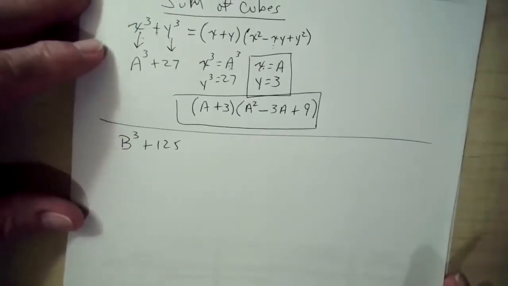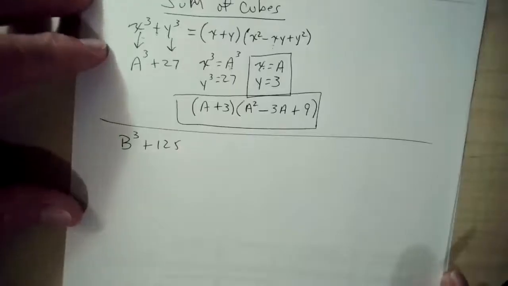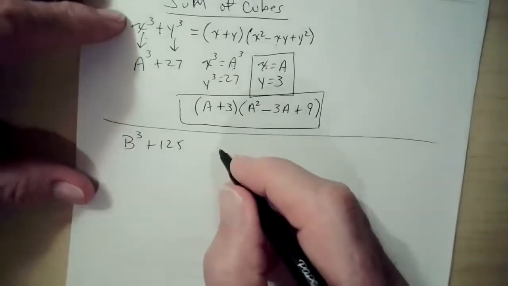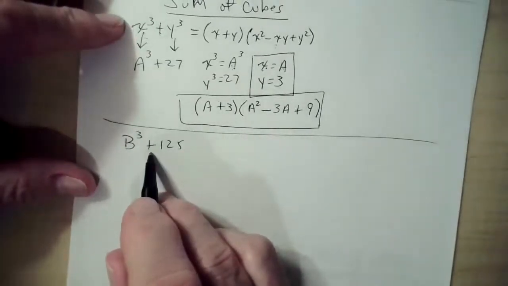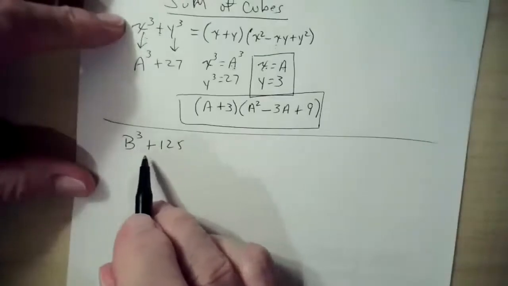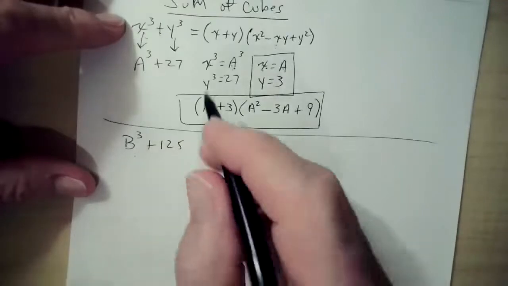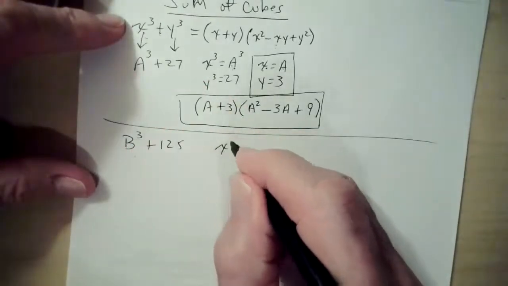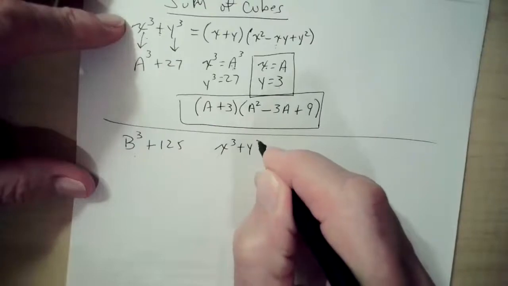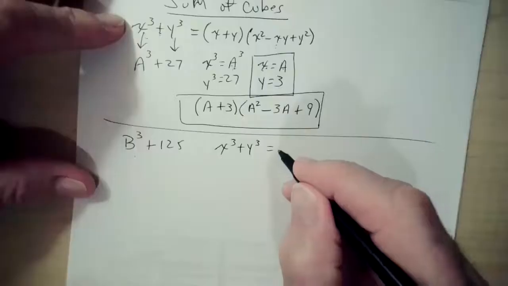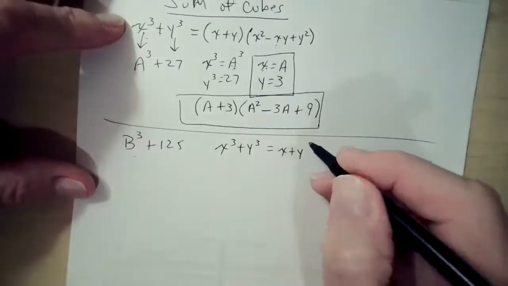Whose turn is it? Miss Cedillo? Yes. Okay, this is the sum. Sum means add. This is the sum of cubes. Both of these things are cubes. So we're going to use this formula right here.